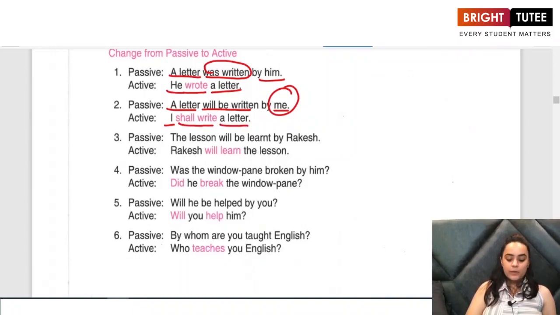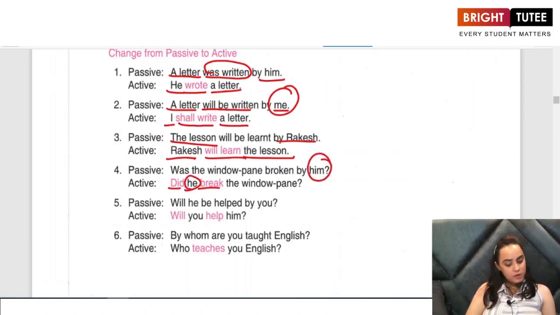The lesson will be learnt by Rakesh. The lesson goes at the end, Rakesh comes at the beginning. Will be learnt changes to will learn. Was the window pane broken by him? Did he break the window pane? By him changes to he as the subject, and the window pane goes at the end as the object.